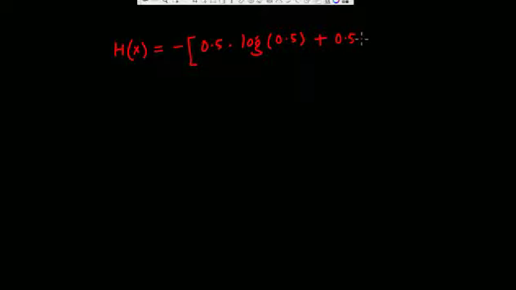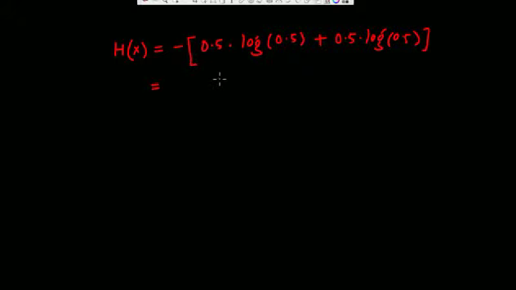It is 0.5 times log of 0.5. So this is what the Shannon entropy of a coin toss would be, no matter how many tosses you are doing. This is going to be the same if the coin was fair.